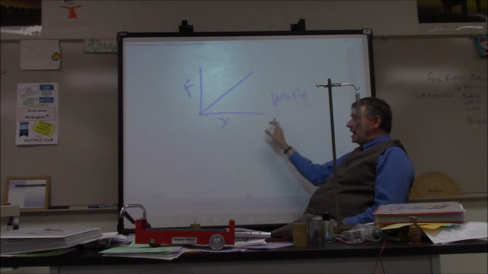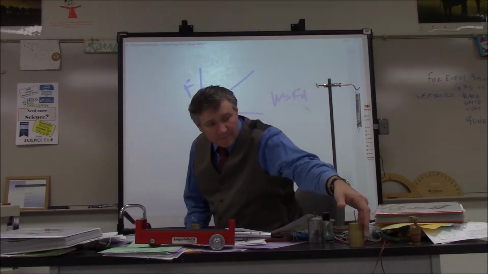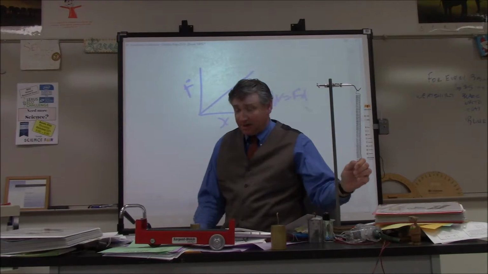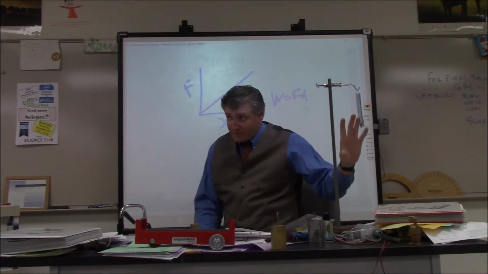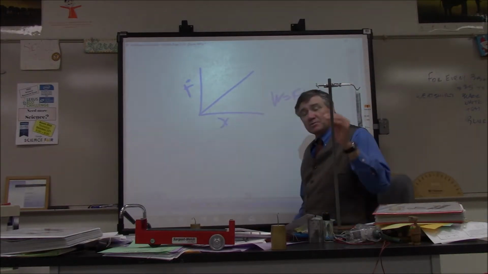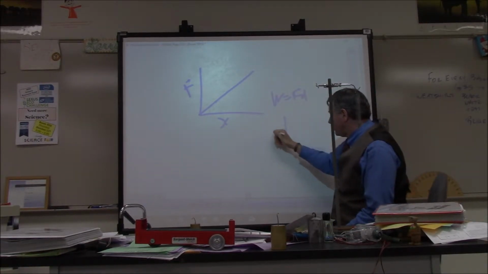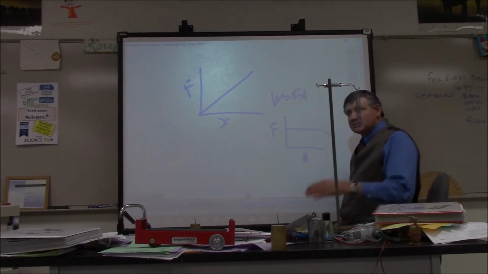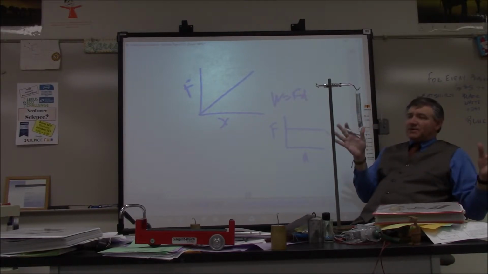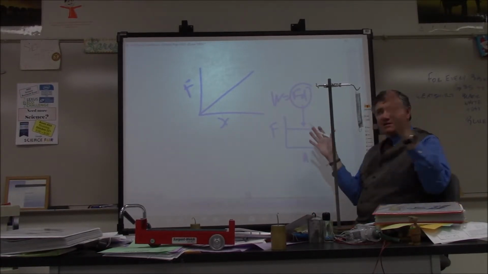But here's the problem. You can only use this when you're pushing something with a constant force across a distance. When you're stretching a spring, you're not applying the same force over that distance, because of Hooke's law. Let's say, for example, you stopped your car. If you stop your car and you do force times distance, that's going to be a horizontal line because you're applying the same force to the car over that distance. If you're stopping your car, you can just do FD because it's a rectangle.